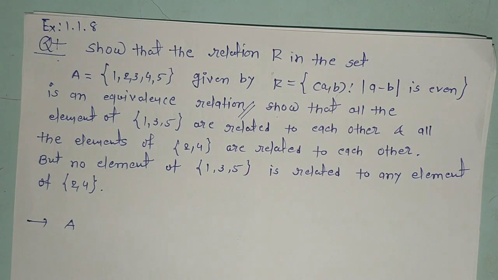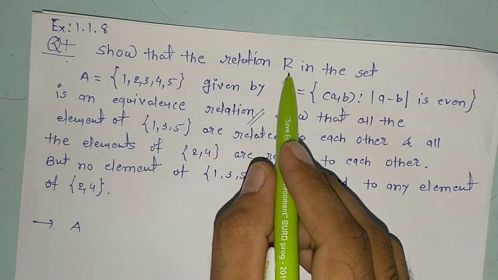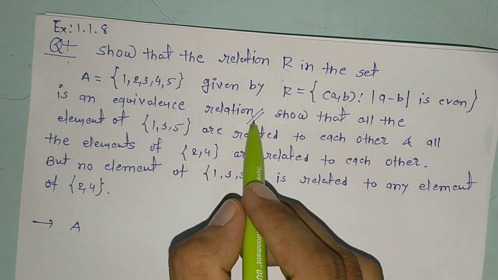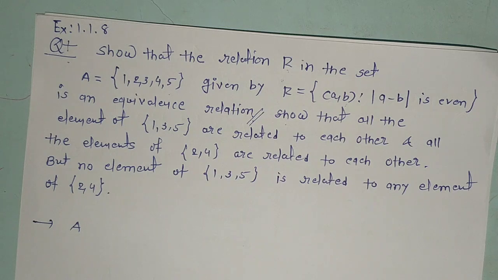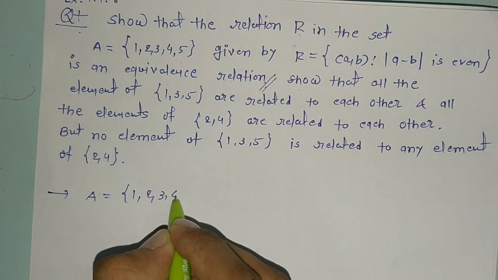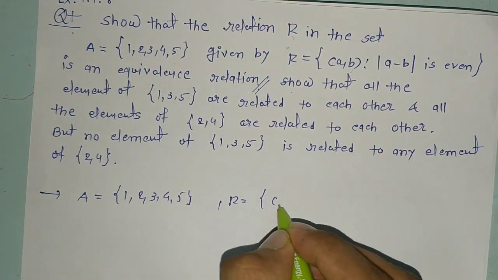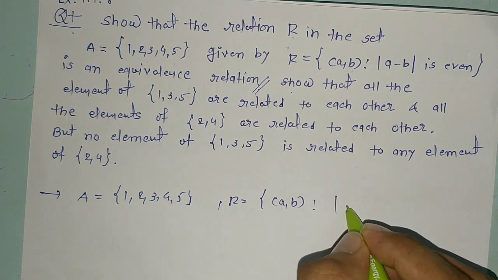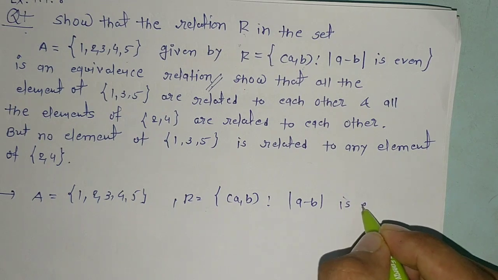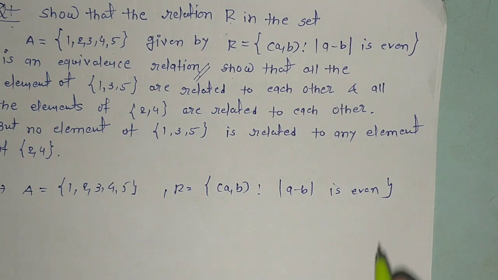First we prove it, then we approach the further question. The set A is 1, 2, 3, 4 and 5, and the relation defined on this set is (A, B) such that the positive difference |A minus B| is even, right? The modulus always gives you a positive value.